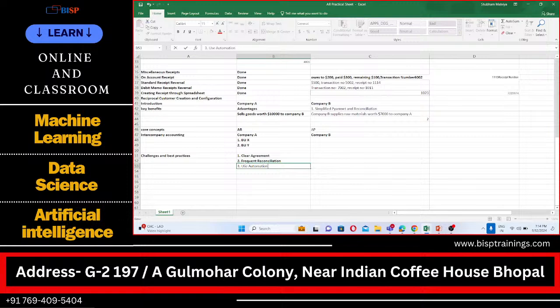Leveraging Oracle Fusion's automation tools for reciprocal customers can save time and reduce manual errors. For example, Oracle Fusion automatically offsets company A's $10,000 receivable against company B's $6,000 payable, saving time that would otherwise be spent managing multiple invoices. So this is what a reciprocal is.